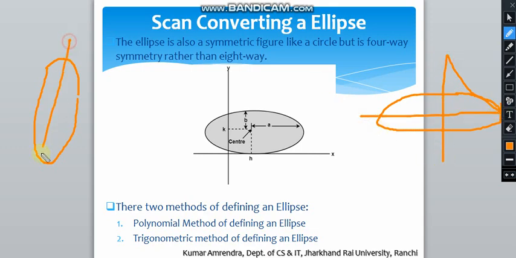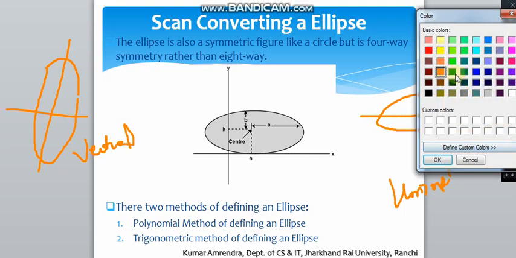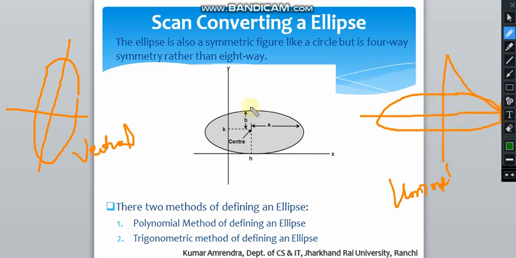So this is vertical ellipse, and this is horizontal ellipse. The difference between horizontal and vertical ellipse is the value of x radius and y radius. Let's suppose this is xr, that is x radius, and this is yr, that is y radius, from center to this point.